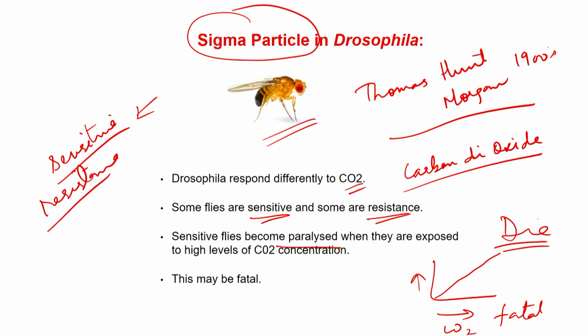Okay. So it was observed that this sensitivity or resistance to carbon dioxide is because of certain particles which are called sigma particles.